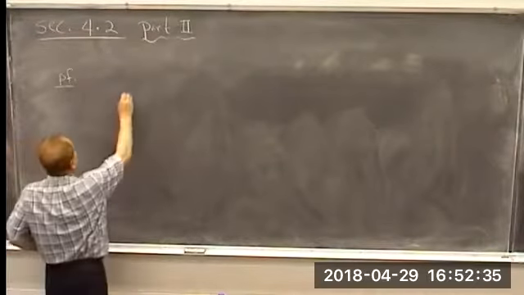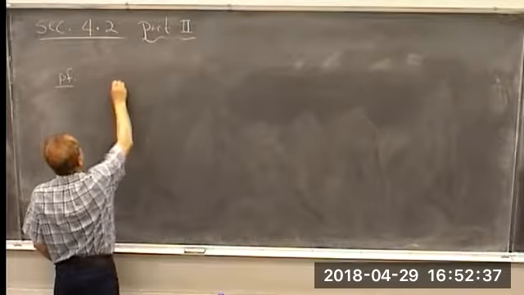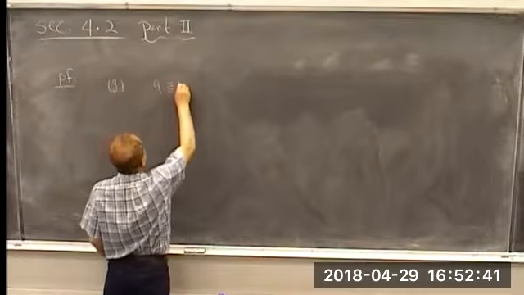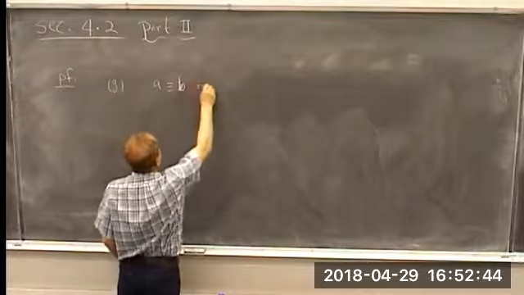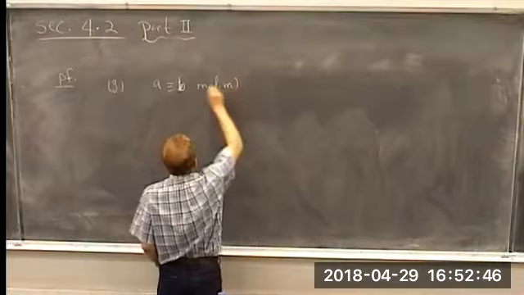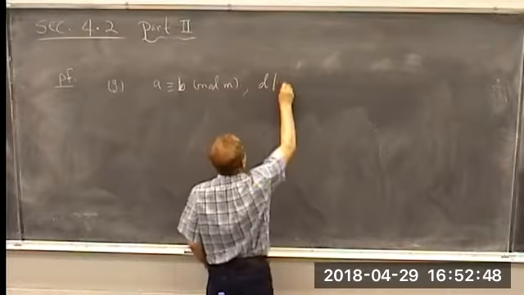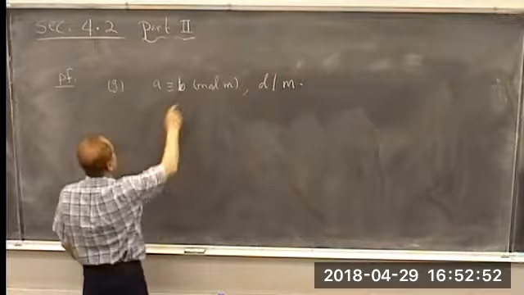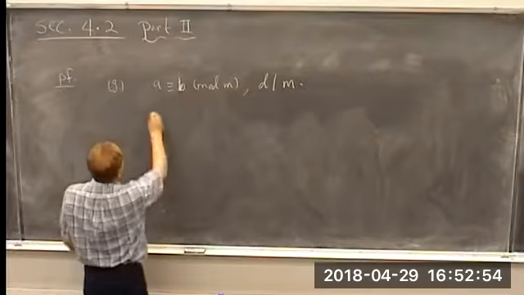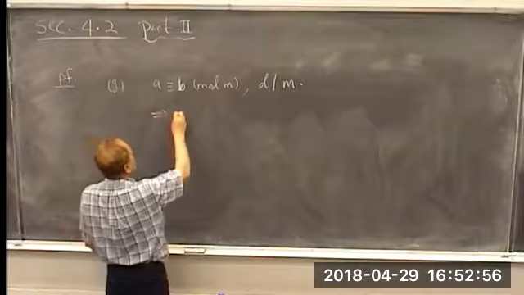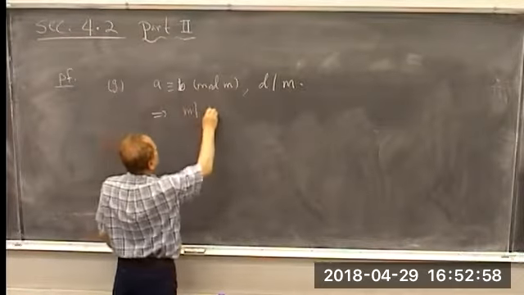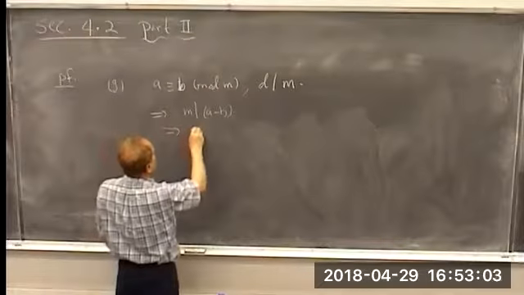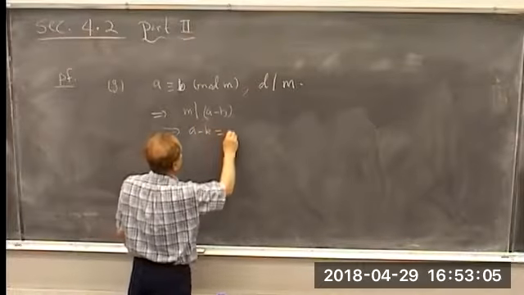So again, we have A is congruent to B mod M, and we have a divisor D of M. So let's see what each one of these implies. This implies that M divides A minus B, and this in itself implies A minus B is equal to MK.